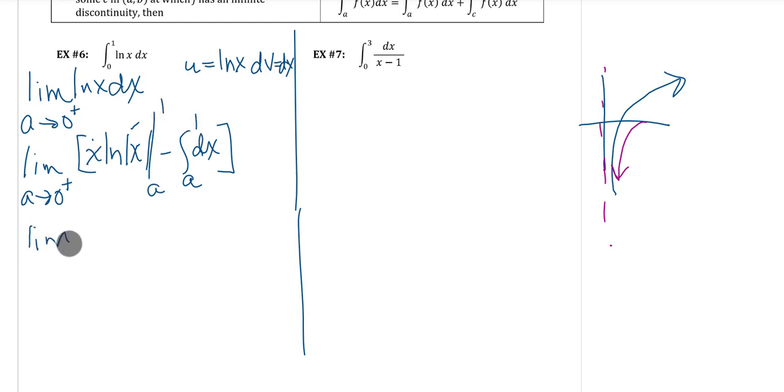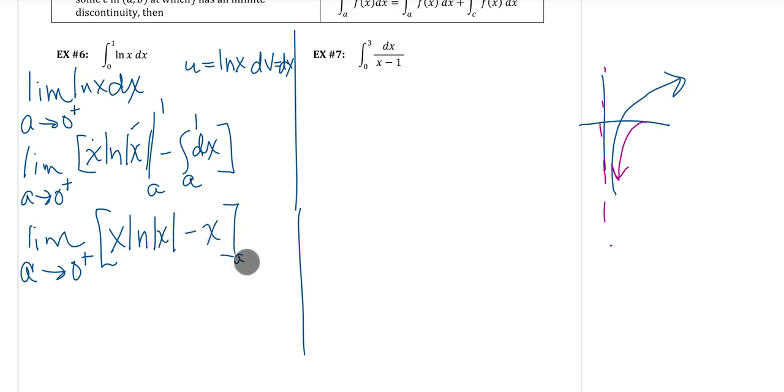So that's going to be the limit as a approaches 0 from the right of x ln of x minus x, and we're evaluating this from a to 1.